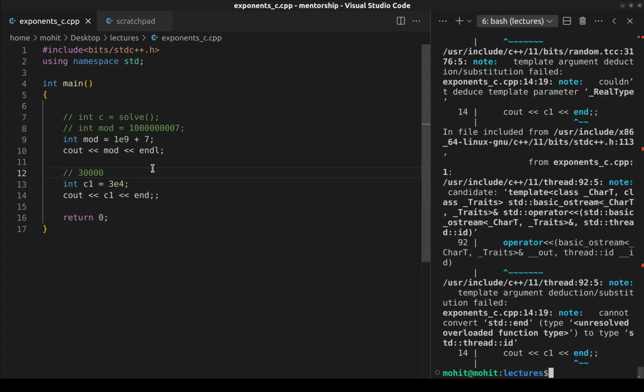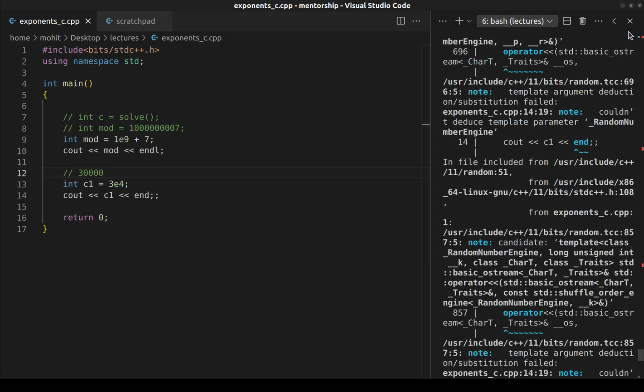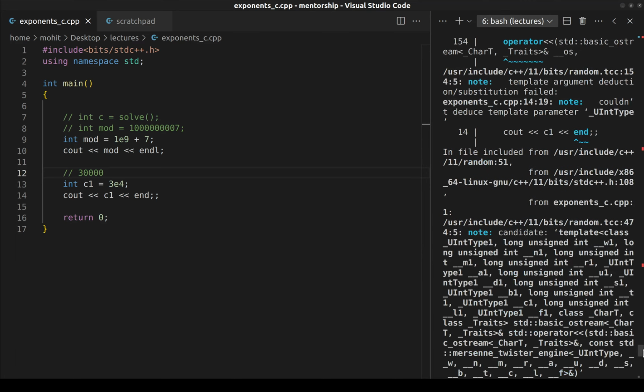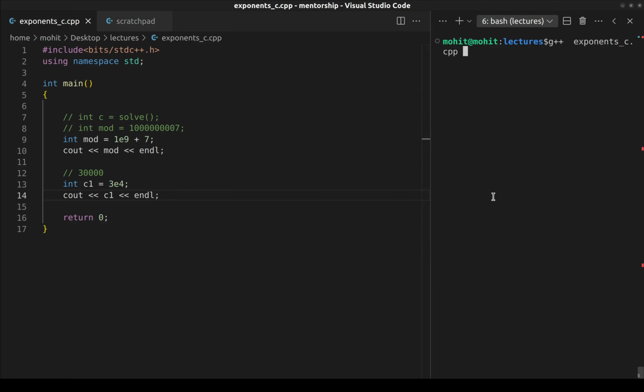Okay, what happened? It's an end of line issue, so let me compile it again. Okay, let's run this, and as you can see, it is 3 into 10 to the power 4.